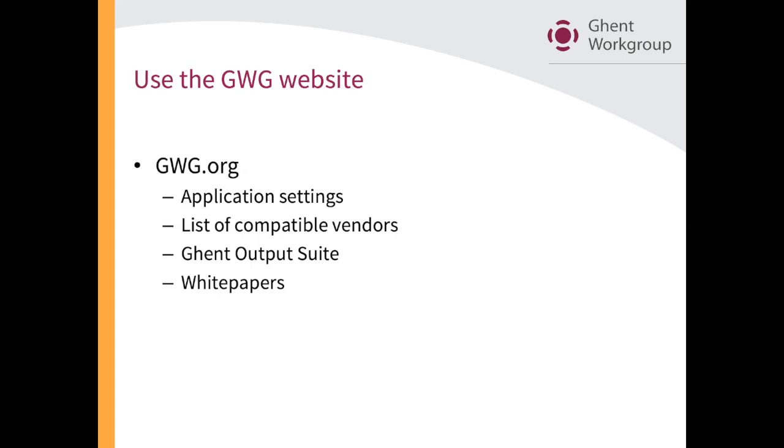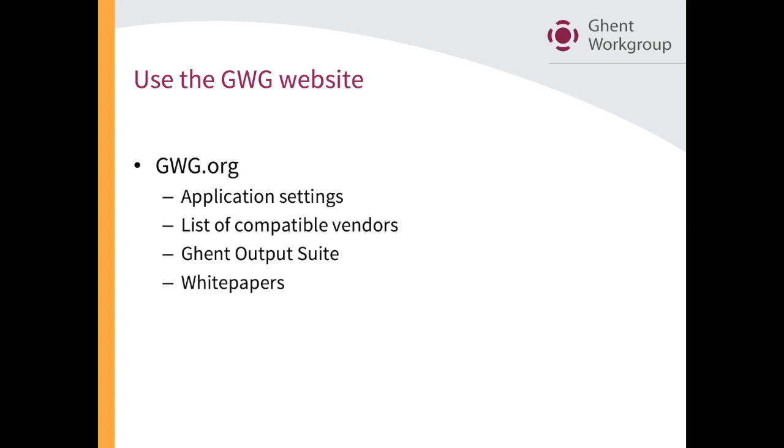And so if you go to gwg.org, you will find a lot of the things that we have been talking about there. This application settings page, again, lists a number of applications. And for those applications, you can download things like export settings or preflight profiles.